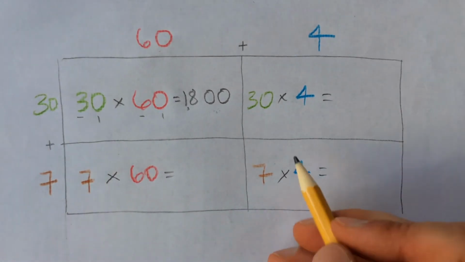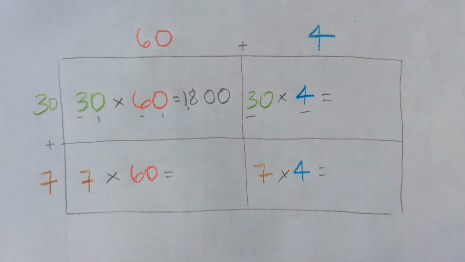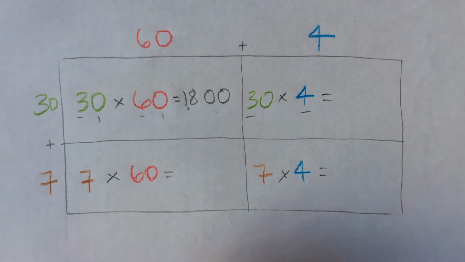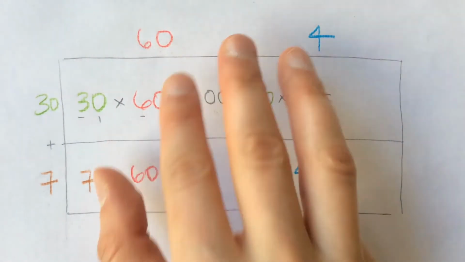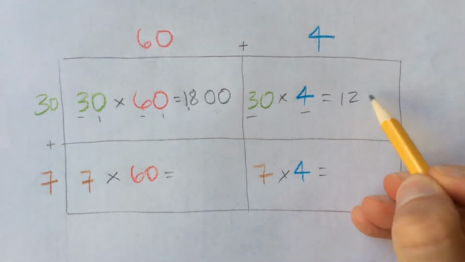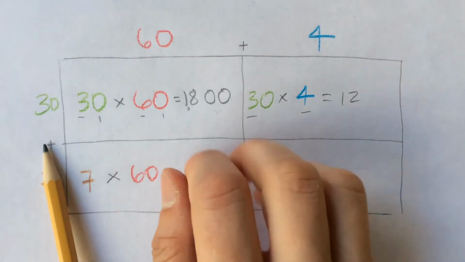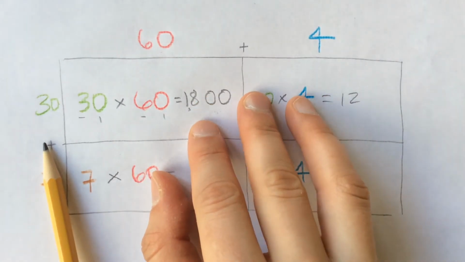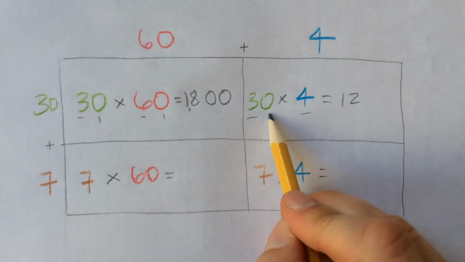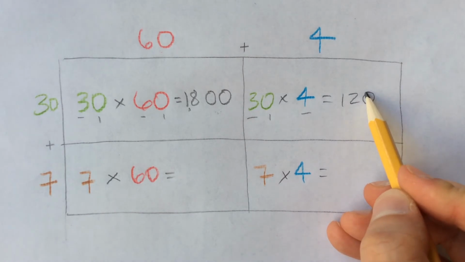And now I have my 3 times 4. So I'm going to go 3, 6, 9, 12. So that was the 3 song to the 4th finger. 3, 6, 9, 12. And I see there is a 0, so I add that in.